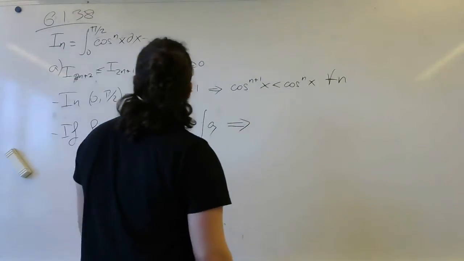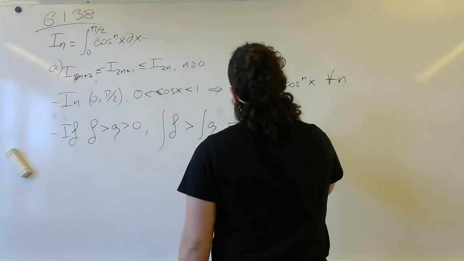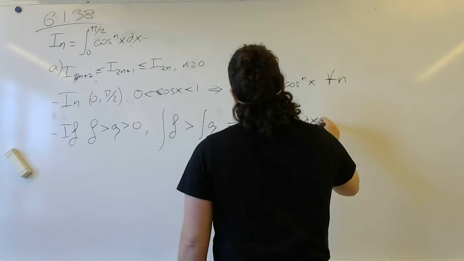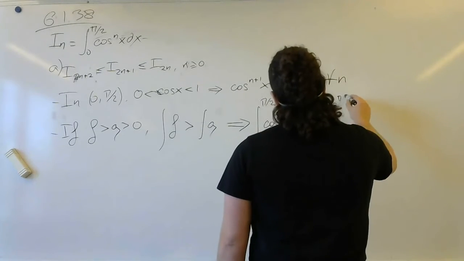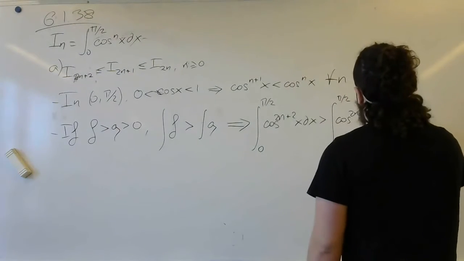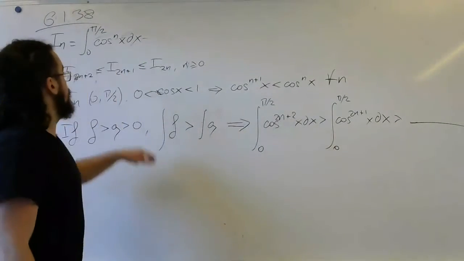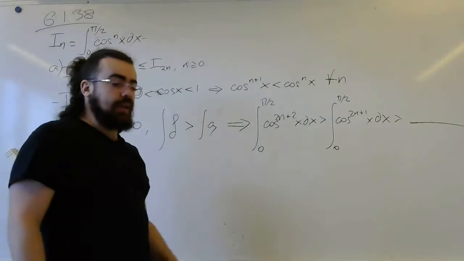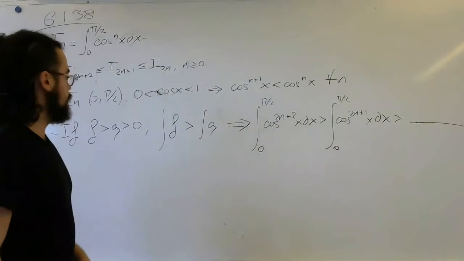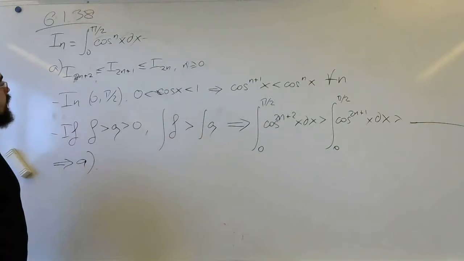And by applying this, the result proves itself. So each of these powers is smaller than the next one. And since they are all positive, this means the integrals are framed into one another. And with this, A is proven.